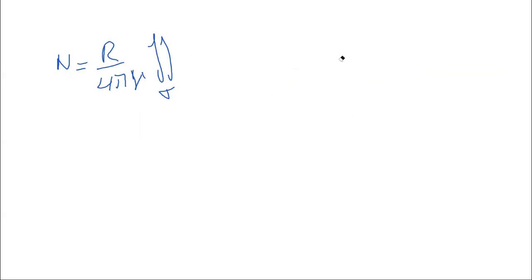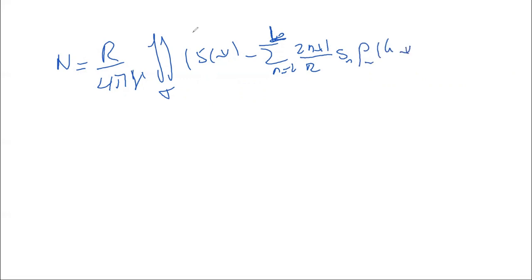I have written S(psi) minus the sum from n equals 2 to L of 2n plus 1 over 2 S_n P_n(cosine psi) d sigma.